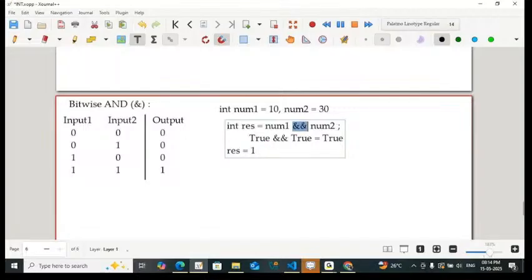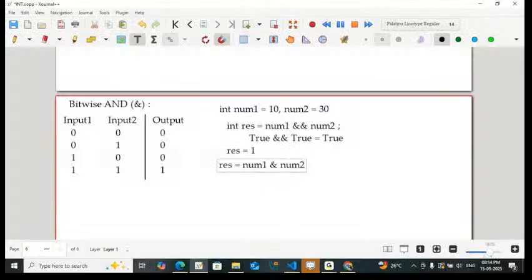So when you use logical operators, you are speaking in terms of true or false, both for the input, also for the output. But in case of bitwise, if I write result is equal to num1 and with num2, okay, this is bitwise and.